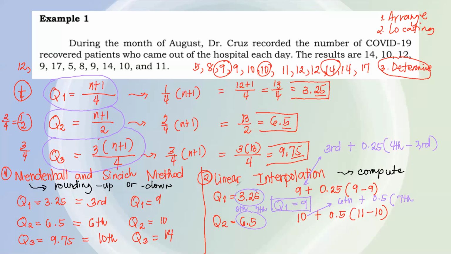Itong kanina ay nasa pagitan ni 3rd at 4th. Okay? So, ang magiging second quartile natin dito ay 0.5 times 1, that's 0.5 plus 10, 10.5. Okay? So, yan yung second quartile natin.